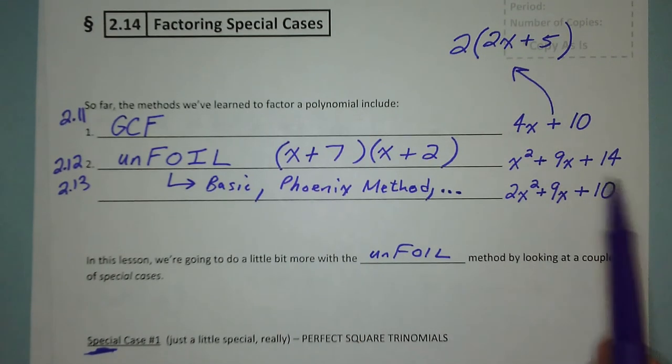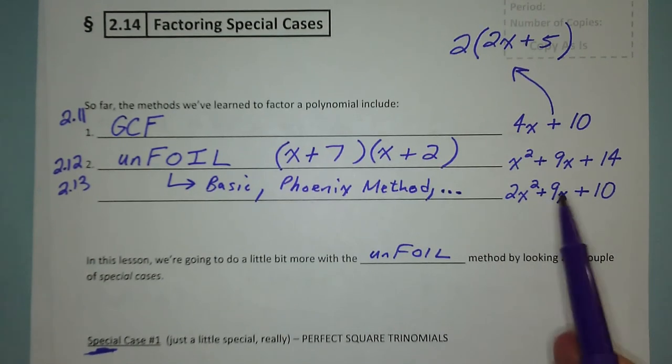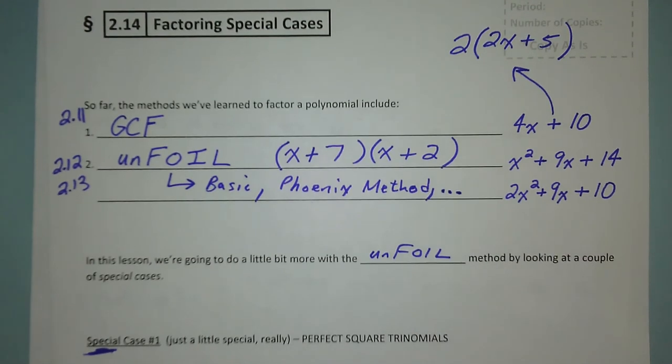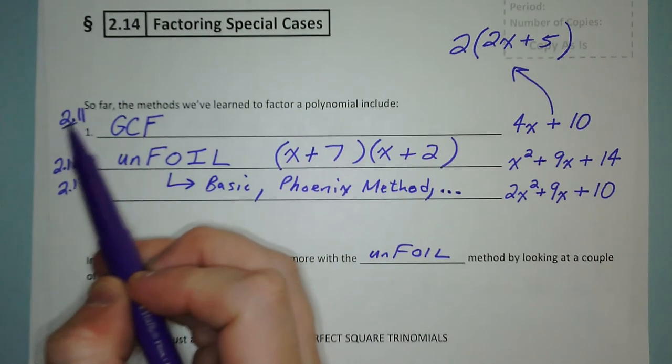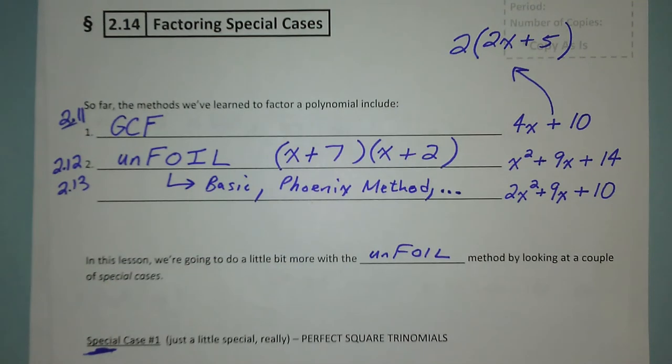This one would be an example for basic unfoil, and this would be a pretty good example of where you would need the Phoenix method to do that unfoil. And then over here, I was just talking about how this was section 211 for us, and then section 212 and section 213 were referring to our notes.